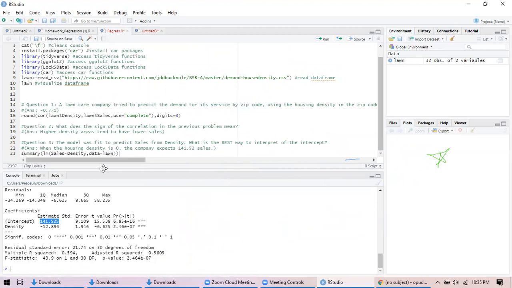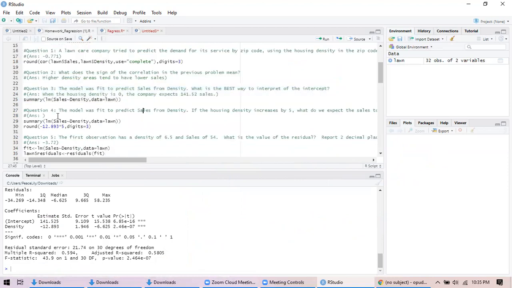Okay, let's look at the next question. The next question is going to be number 4. Oh, I didn't put the answer. What is number 4 asking? The model was fit to predict sales from density.